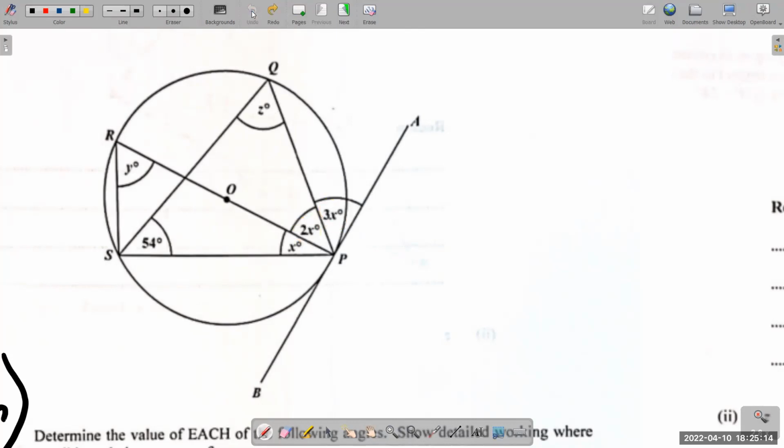What else do you know? Don't you know the value of those two angles? We already know two of them together create what? 90 degrees. Tell me if you've seen it. Two of them together create 90 degrees because it's the angle between the tangent and the radius.